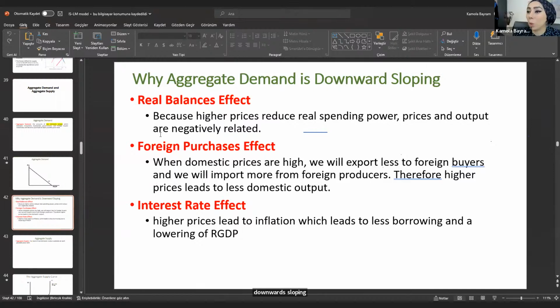The reason will be almost the same as for the downward slope of the demand curve of the household. So the real balances effect, because higher prices reduce the real spending power of the whole nation, okay? Prices and output are negatively related. That we learned as the law of demand, correct?